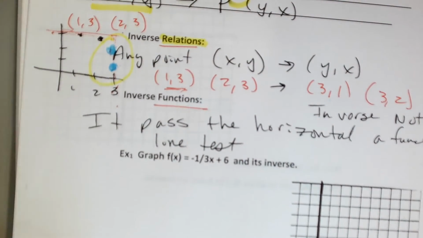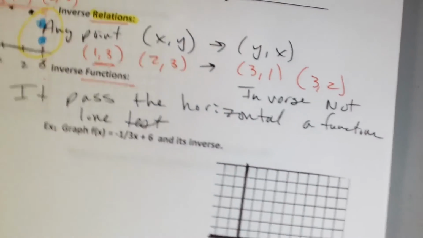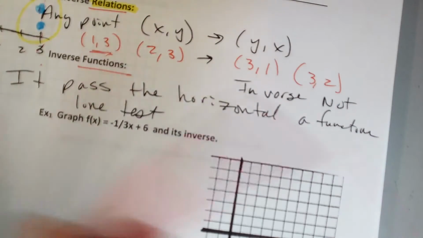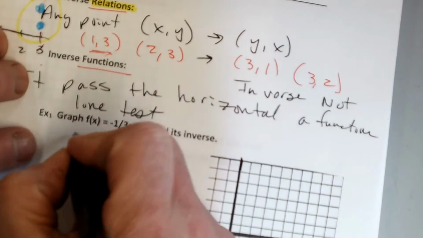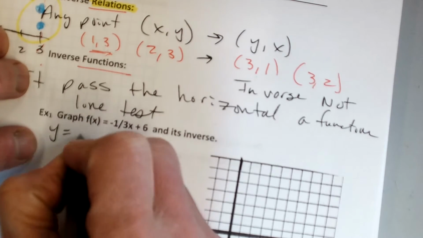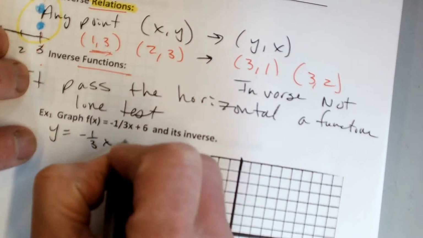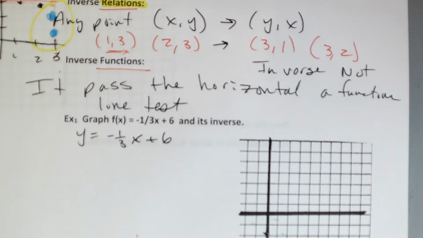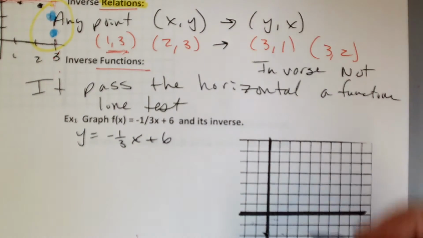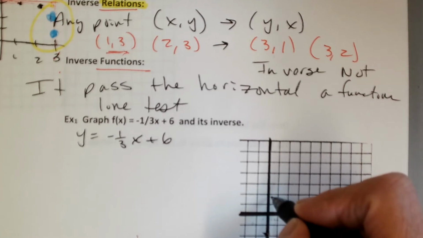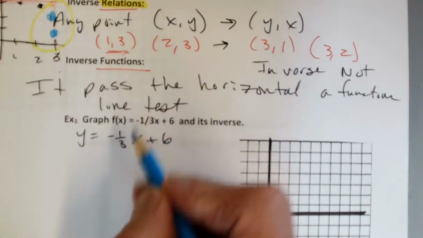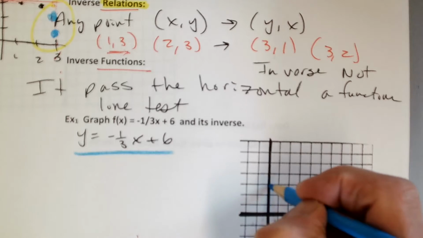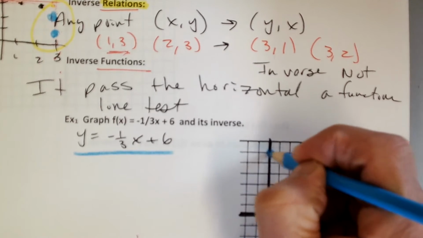Okay, let's take a look at number 1 and see what happens. Number 1, f of x and y are the same thing. So let me just write this as y equals negative 1/3 x plus 6. Let's see if I can make any sense out of this. I can graph that.